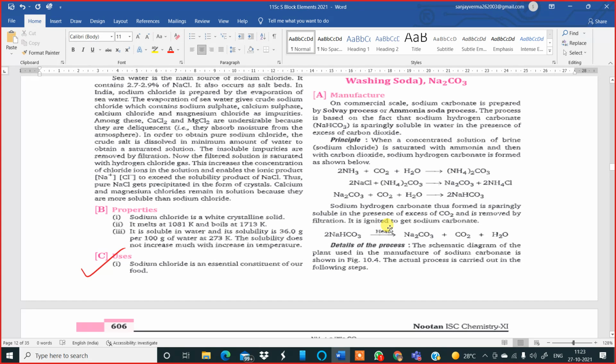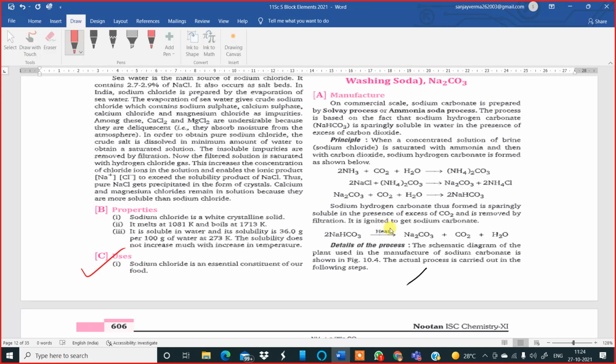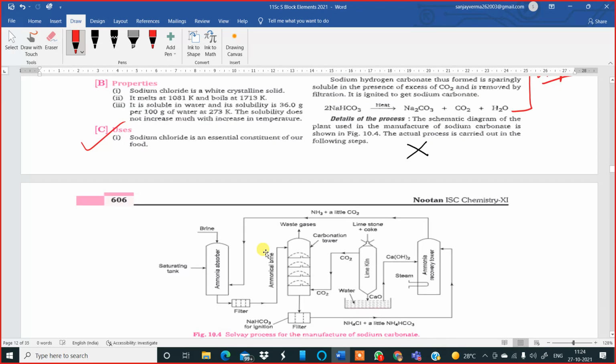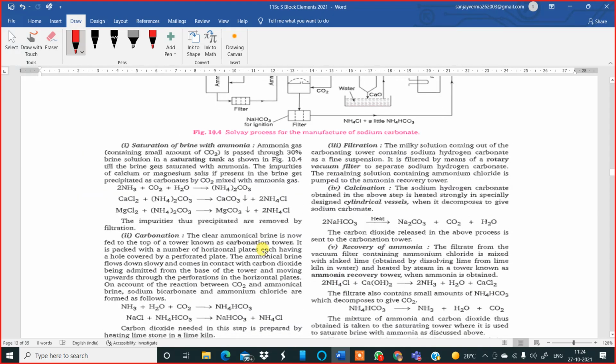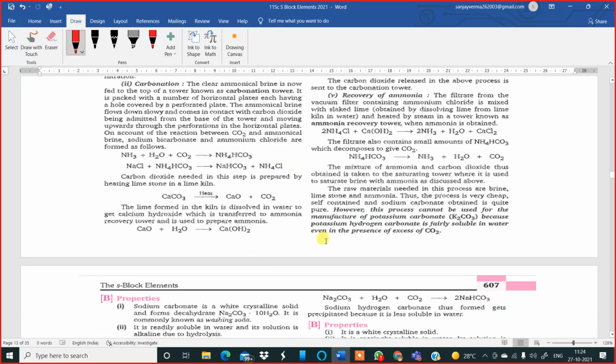Please do not go for the extra details of the reaction. The details of the process are not necessary. Only the principle and the equations. Equations are here, and these are required. After that, moving to the next page, page 606, the details are not required.